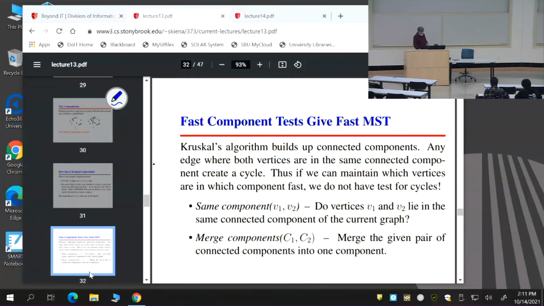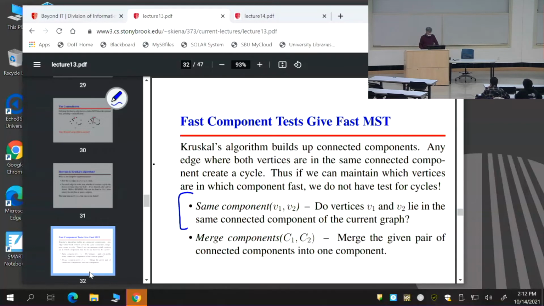So I claim that I'm going to want a data structure that can do two different things. Given vertices v1 and v2, tell me, are v1 and v2 in the same component? And if they're not, merge the two components.